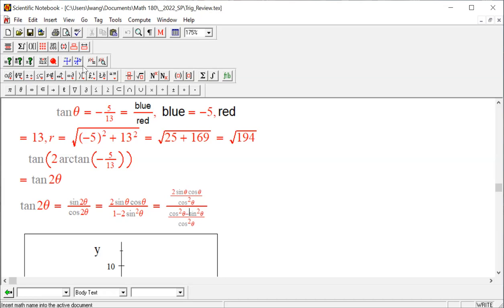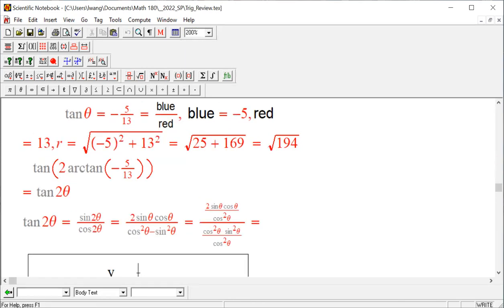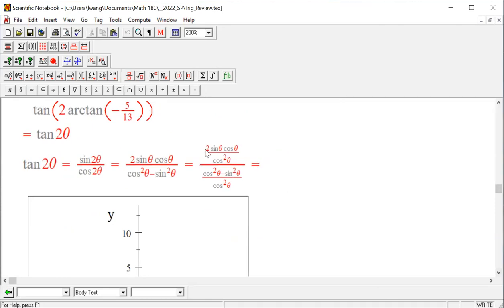Because there's 3 formulas for cosine 2 theta, I'm using the one that's cosine squared theta minus sine squared theta. By doing so, let me make the fonts larger so you can see everything better. Look at the top: we take 1 cosine theta away from the cosine theta in the bottom.